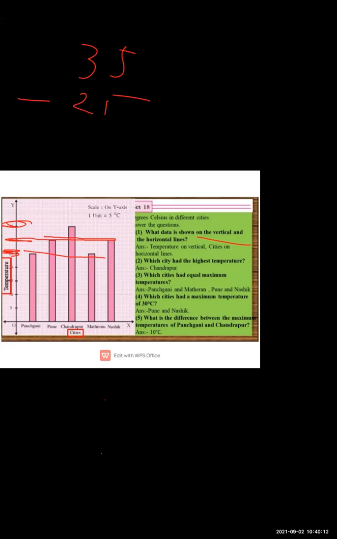So we will get the answer 5 minus 5, 0, 3 minus 2, 1. So we will get the answer 10 degrees Celsius. The difference between Panchgani and Chandrapur is 10 degrees Celsius.